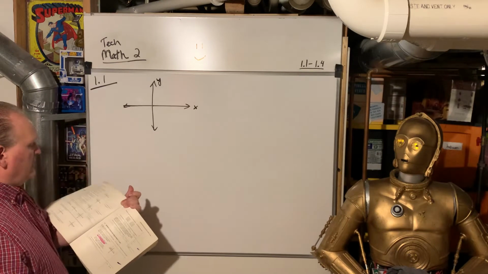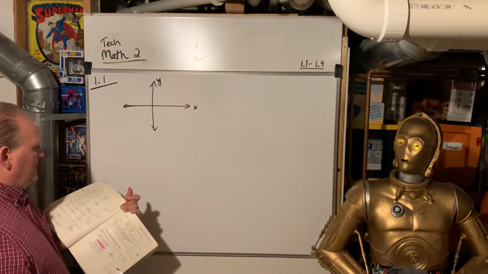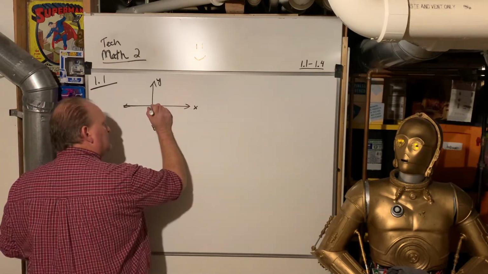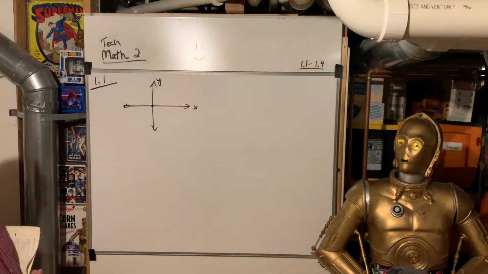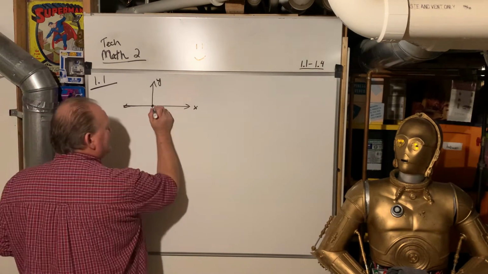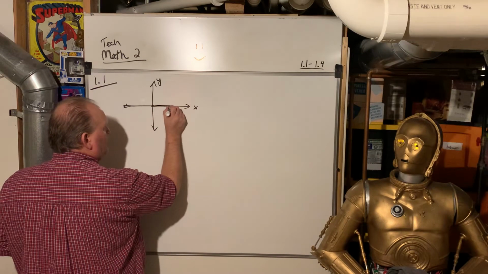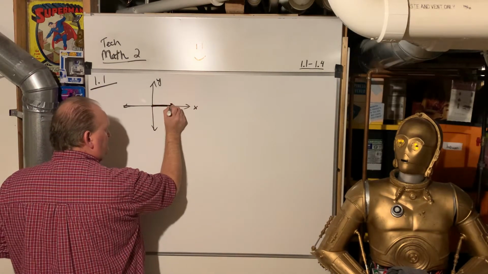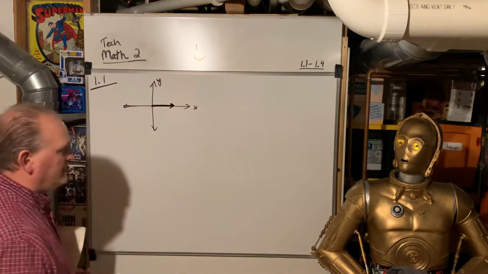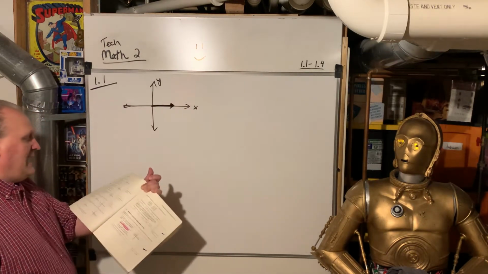Standard position is the angle where the vertex is on the origin. The vertex is the pointy part of an angle. And the positive x-axis is always one of the sides of the angle.